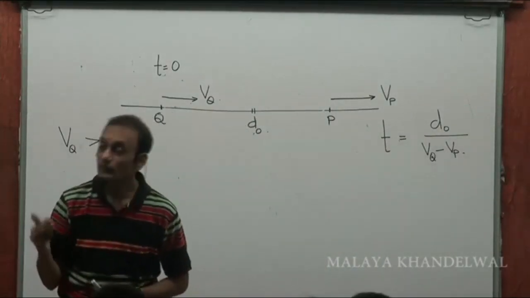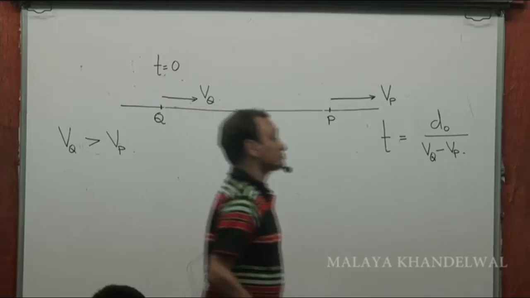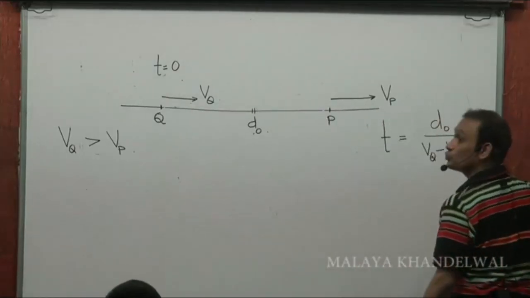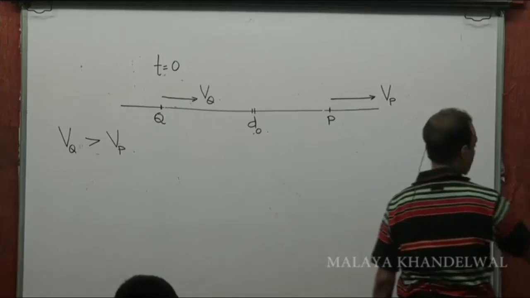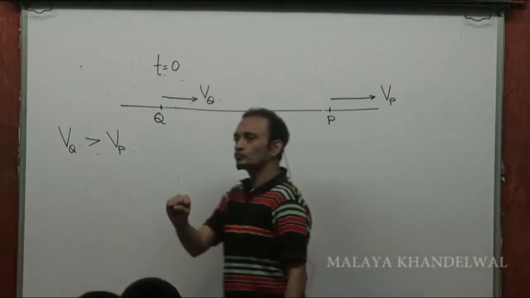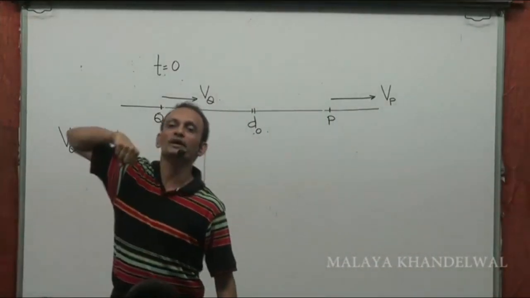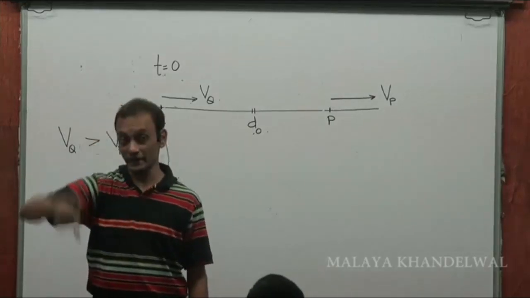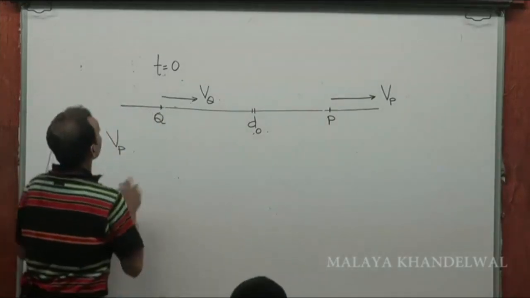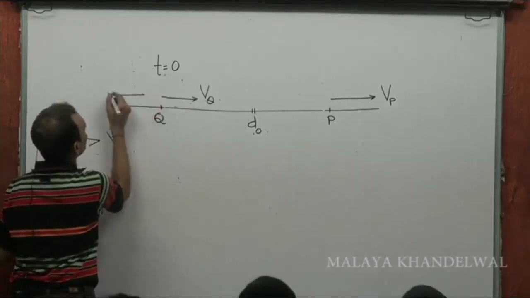Yes or no? Now, to avert a collision, what Q does is Q begins to have a retardation. Retardation means it will have an acceleration AQ to the left.